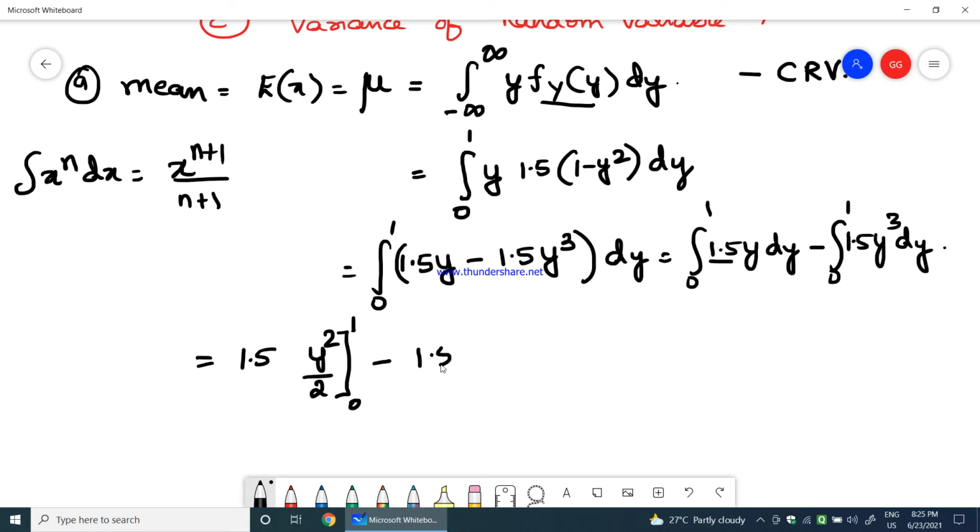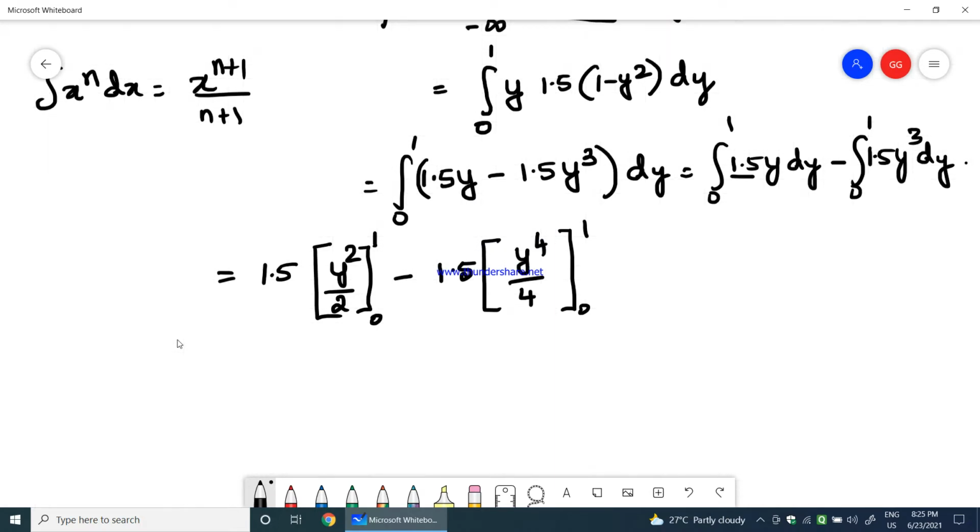subtracted with 1.5 into integration of y cube, which is y to the power of 4 divided by 4, because y to the power of n is y to the power of n plus 1 by n plus 1. Therefore y to the power of 4 by 4 with the limit 0 to 1. Therefore this is equal to 1.5 into 1 by 2, because 0 by 2 is 0, minus 1.5 into 1 by 4, because 0 by 4 is again 0.